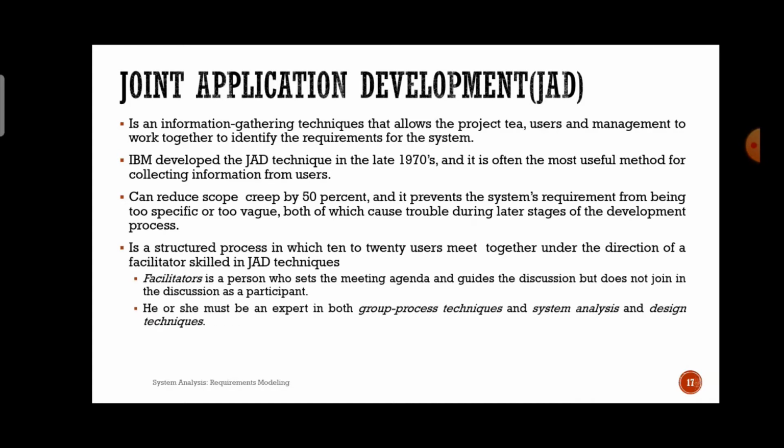He or she must be an expert in both group process techniques and systems analysis and design techniques. And 2 or more scribes should assist the facilitator by recording notes, making copies, and so on.